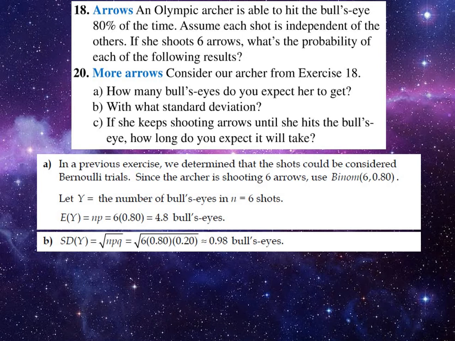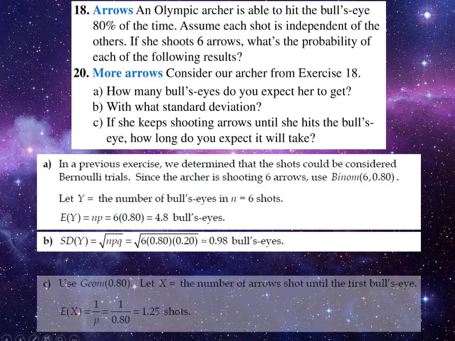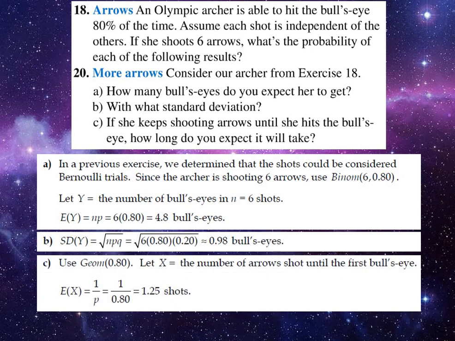Okay? What am I asking you to find on this one? Expected value for geometric. Good. So expected value for geometric is 1 over p. So it's 1.25 shots.